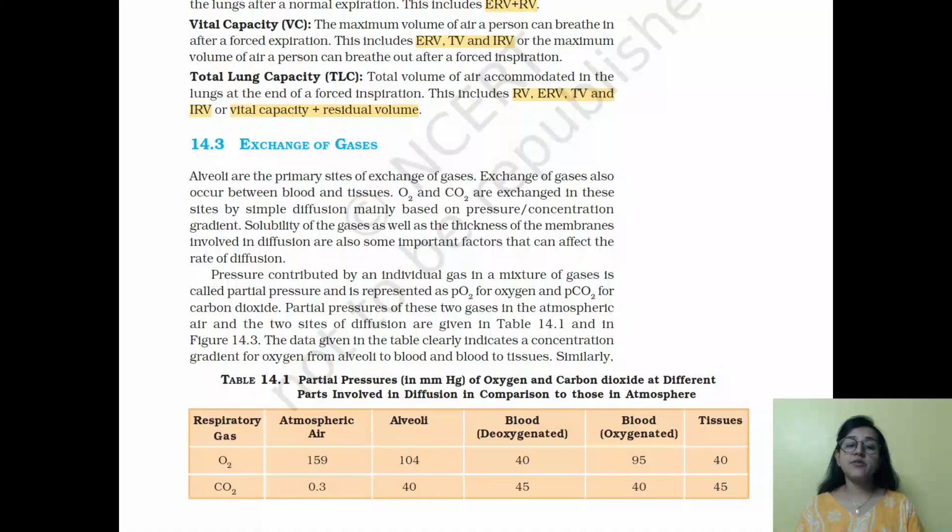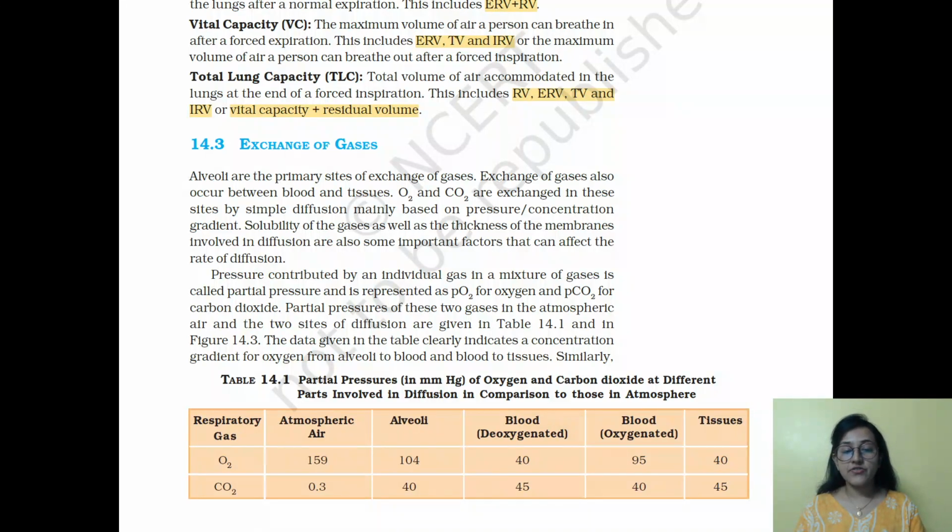Pressure contributed by an individual gas in a mixture of gases is called partial pressure, and it is represented as pO2 for oxygen and pCO2 for carbon dioxide. Partial pressures of these two gases in the atmospheric air and the two sites of diffusion are given in table 14.1 and in figure 14.3.